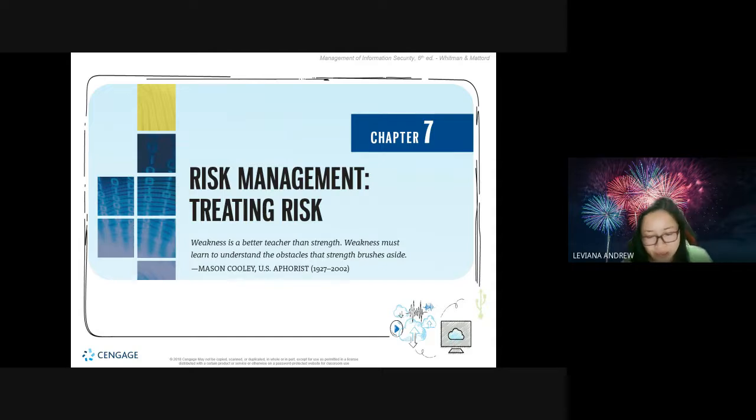Then we went through how to assess the vulnerability of each of these information assets, and the impact that each of the risks can bring to the organization. So we are going to learn how to treat the risk.